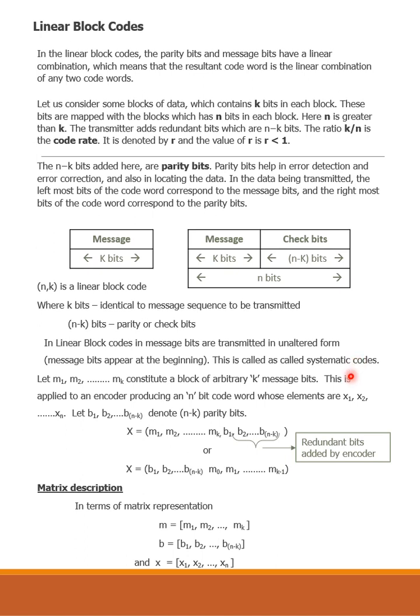If we take the transmitted information X, which is M1, M2, M3, the original message information, followed by the redundant bits which are added by the encoder. Normally in matrix representation, we represent the message as a matrix and check bits as a matrix, and the final output also in terms of a matrix. We call k by n the code rate, where k is the number of message bits and n is the total number of bits in the information after adding redundant bits.